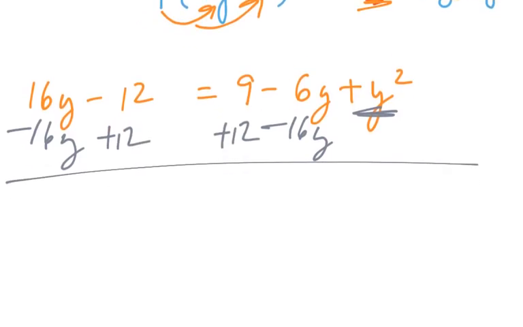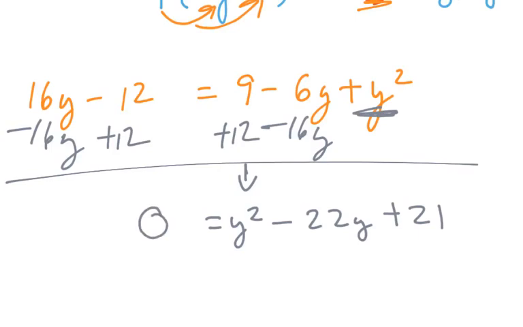So this is going to end up giving me y squared minus 22y plus 21. Note I put y squared in front because usually we have the leading coefficient in front. Negative 6 minus 16 is the same thing as adding 6 and 16 and making it negative. That's 22. And then 9 plus 12 is 21. This is equal to 0.